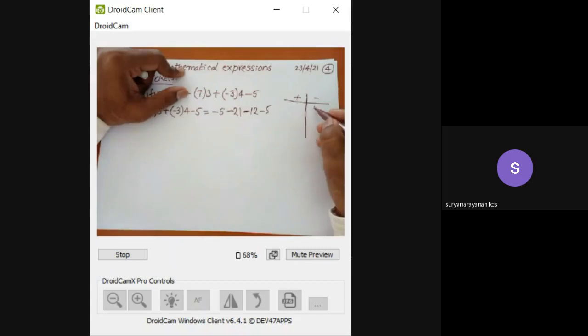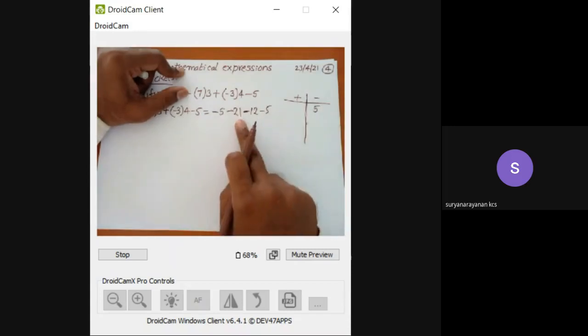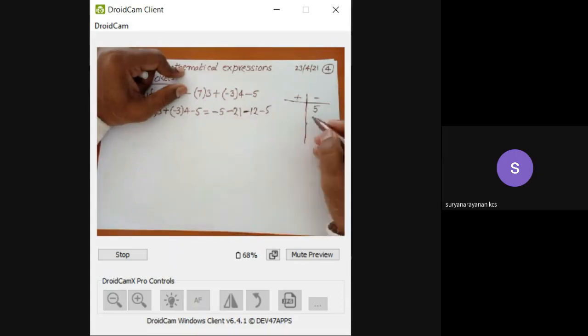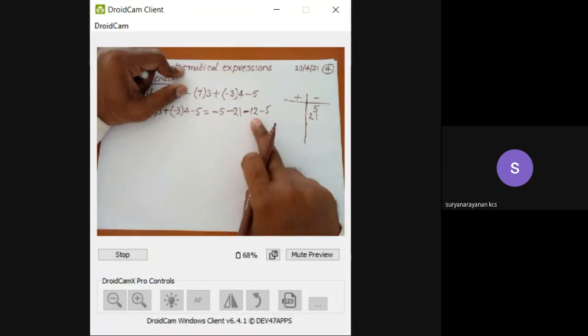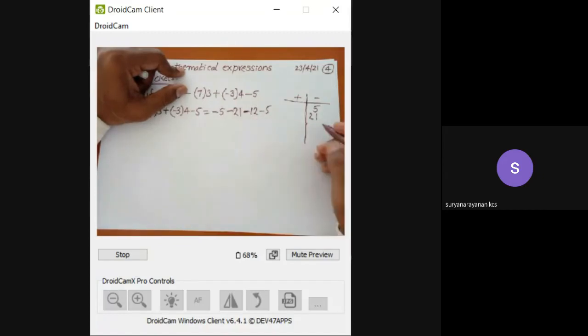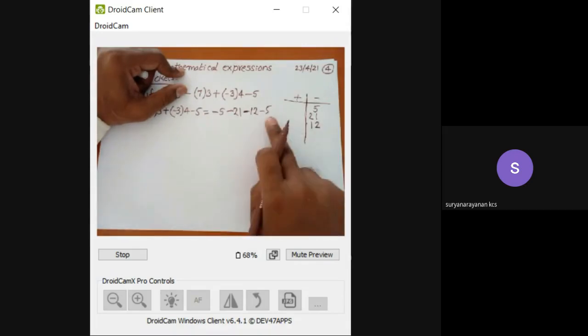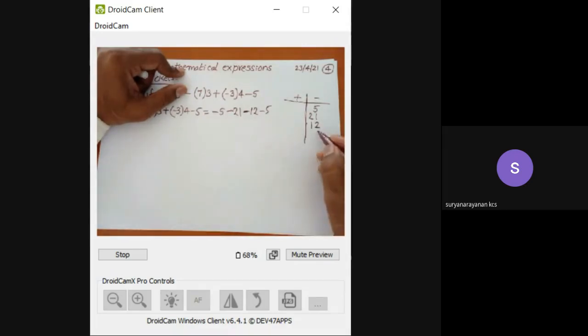So we write under this minus box. Second number, minus 21, we write under the minus box. Minus 12, we write that number also under the minus box. And the last number is minus 5. Here, no number is there in this plus box.